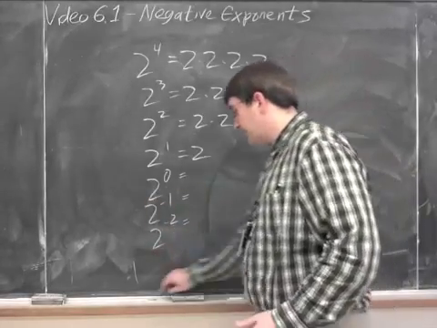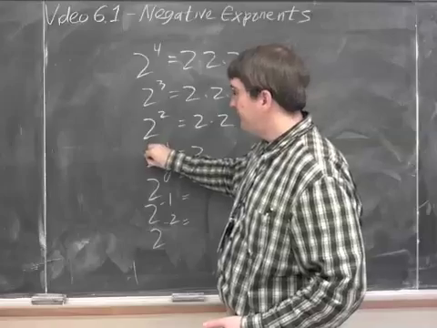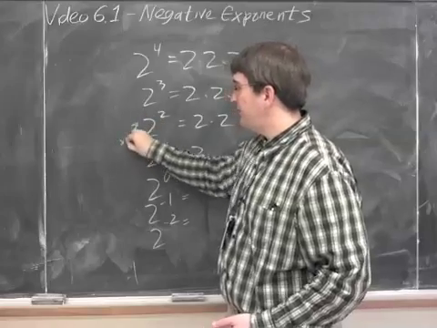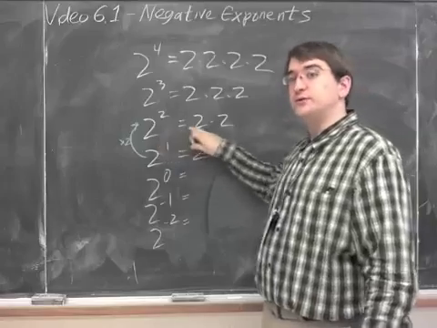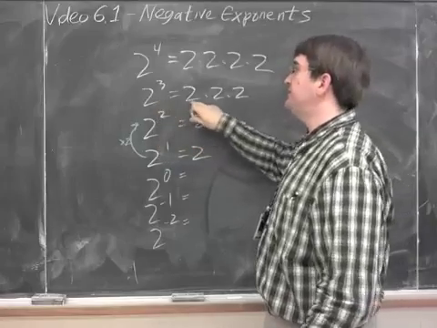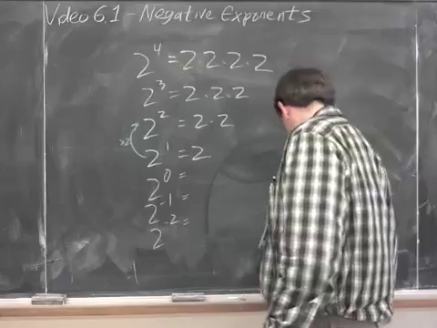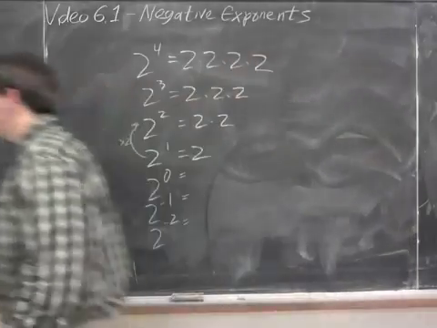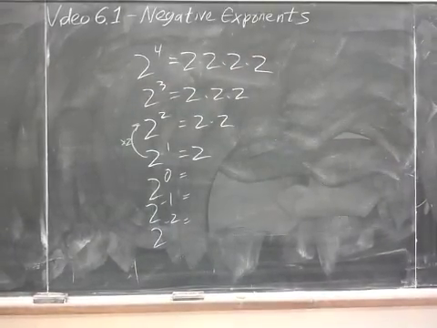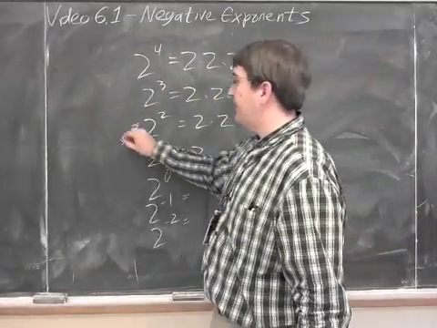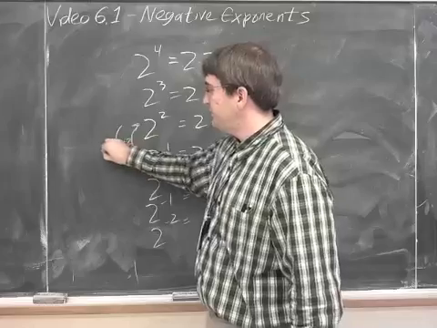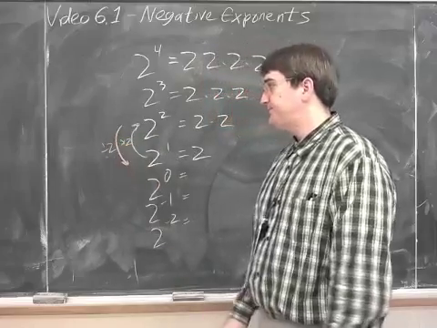If we are multiplying by 2 as we go up, so 2 to the 1 is 2, 2 to the 2 is 2 times 2, 2 to the 3 is 2 times 2 times 2, then the opposite of that, going down the list, would be to divide by 2.